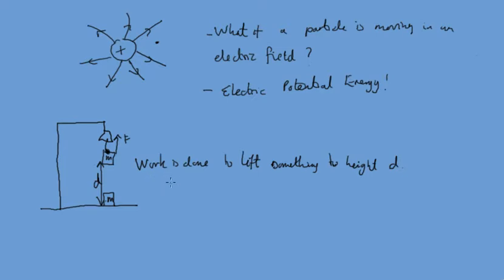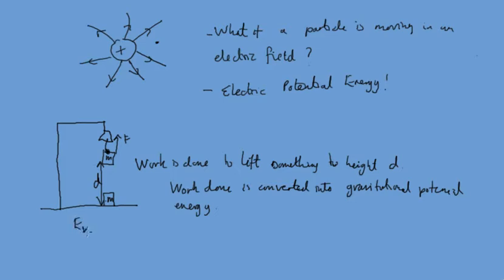So the work done is converted into gravitational potential energy. So the work done, let's call this EW, is FD, and that then gets transformed into gravitational potential energy.